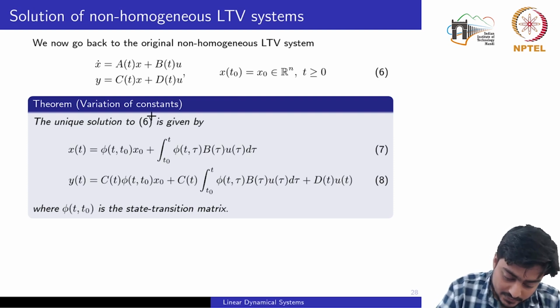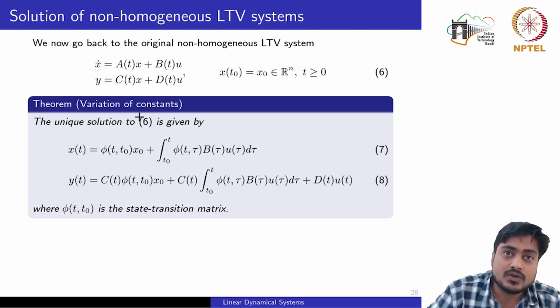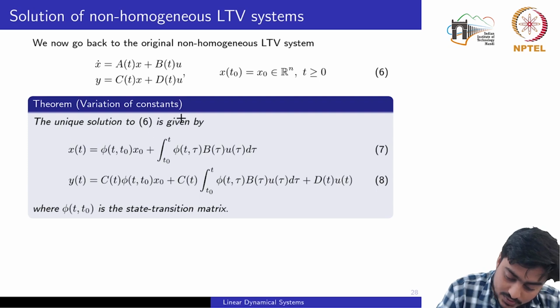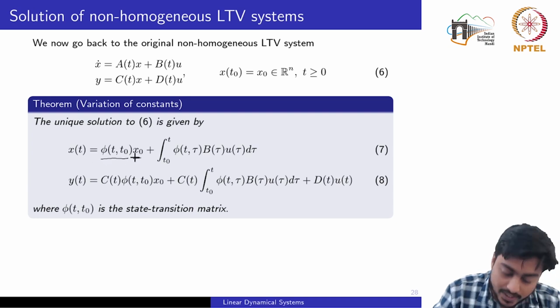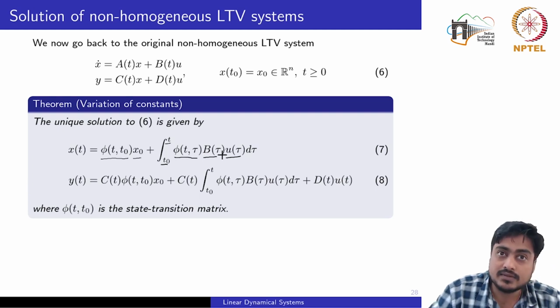In this result, which we also call the variation of constants, the unique solution to this system is given by x of t is equal to the state transition matrix multiplied by the initial condition, plus the integral from the initial time to the current time of the state transition matrix, the input matrix, and the input signal itself.